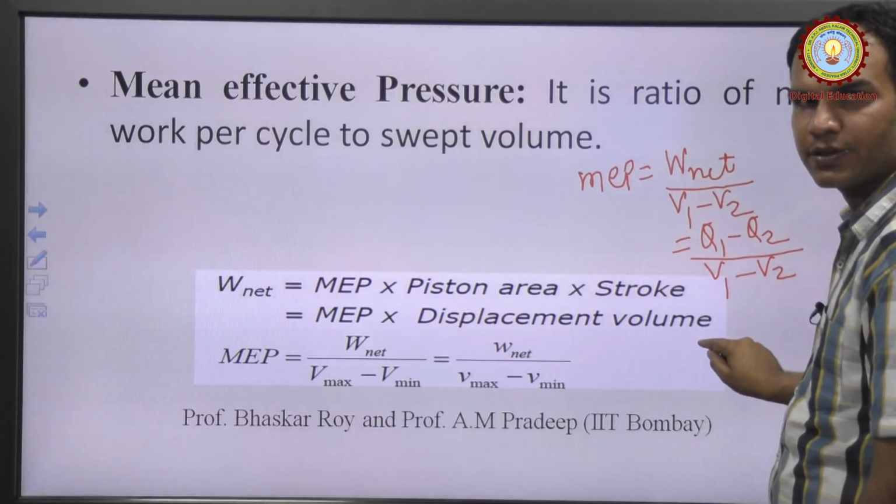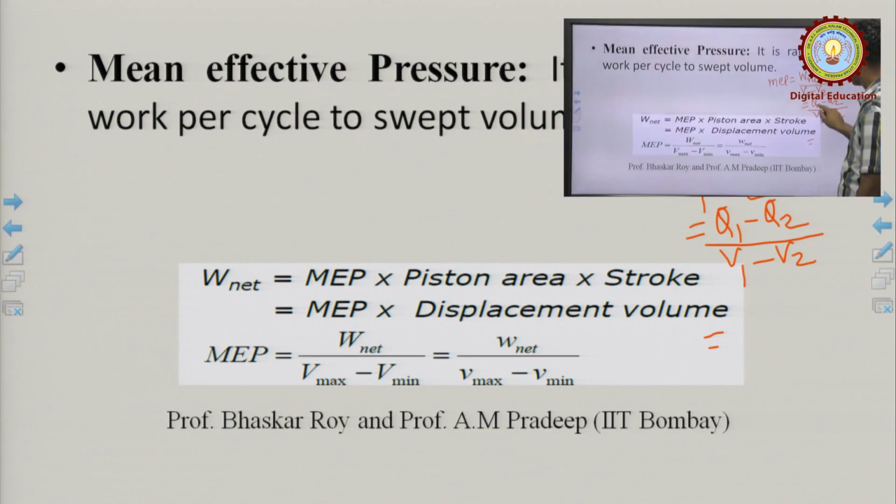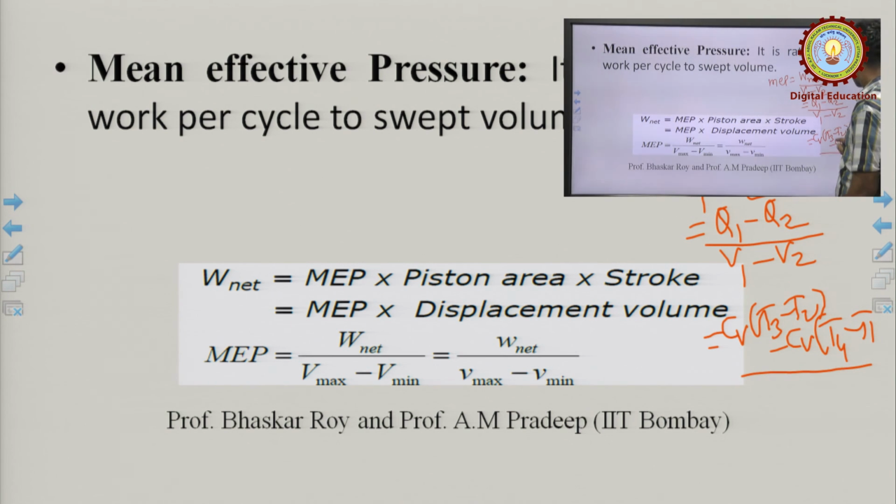The heat supplied Q1 is Cv (T3 minus T2), and heat rejected is Cv (T4 minus T1), and you can take V2 common from this denominator. So, V2 (V1 by V2 minus 1). So, this is basically R.